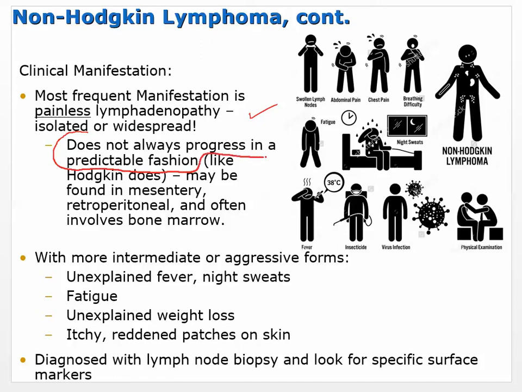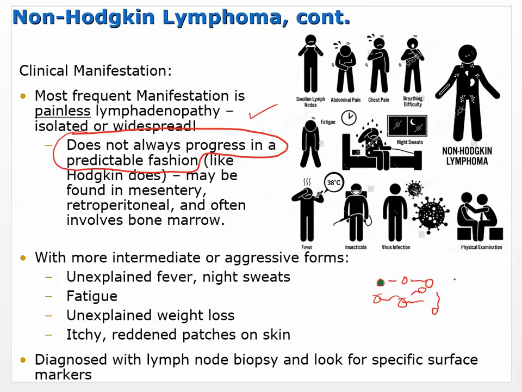Now, when we're talking about lymph nodes, a lot of times they are found in chains. Okay, so we see a group of them kind of in a chain, and with non-Hodgkin lymphoma, it doesn't necessarily occur in order. With Hodgkin lymphoma, it does, but in this case, it could be found maybe in the mesentery, retroperitoneal, often involves bone marrow.